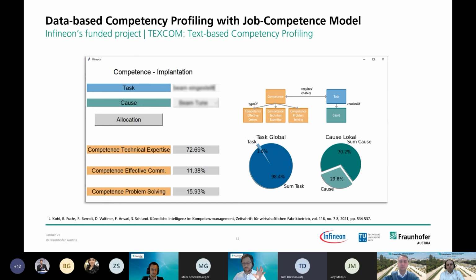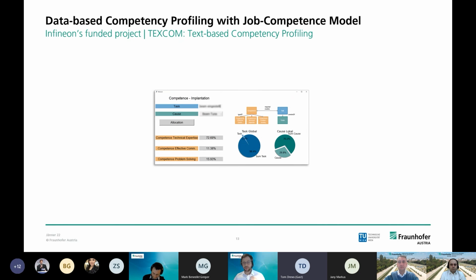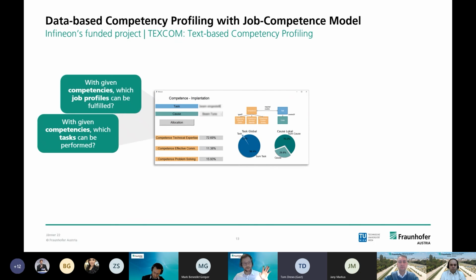These are just the raw numbers, but which questions can be answered with a demonstrator like this? With Infineon and with this methodology, we are able to answer three types of questions. Namely, we can ask from the competence side, with given competences, which job profiles can be fulfilled, and with given competences, which tasks can be performed.